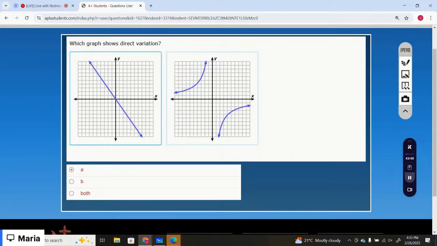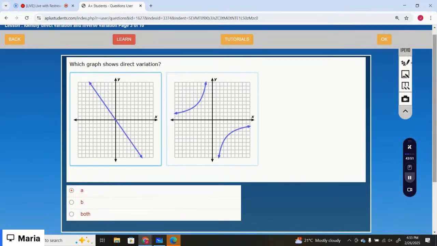That is the graph for the direct variation.